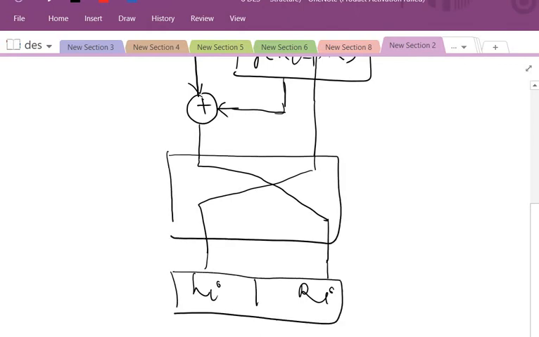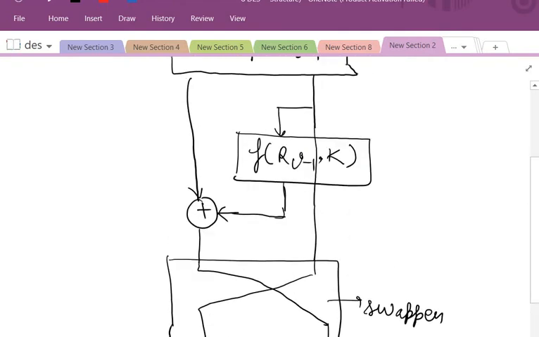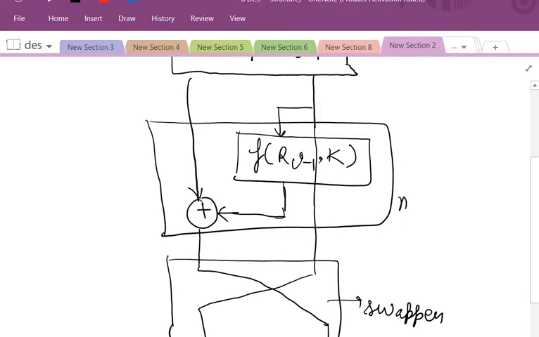This swapping is done by the swapper, and the upper part is called the mixer. It is a non-invertible component.